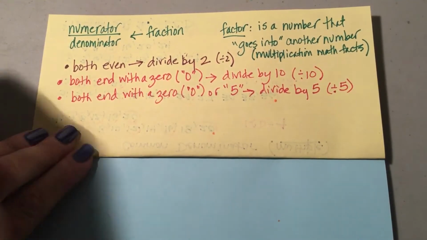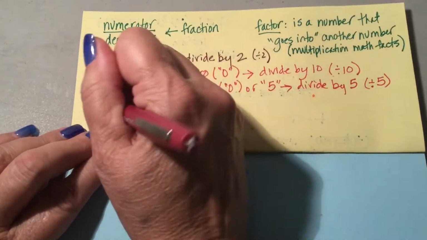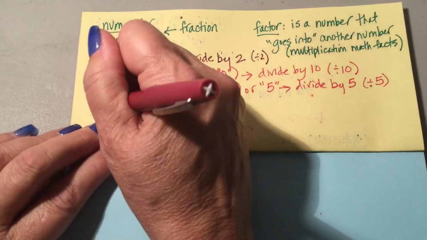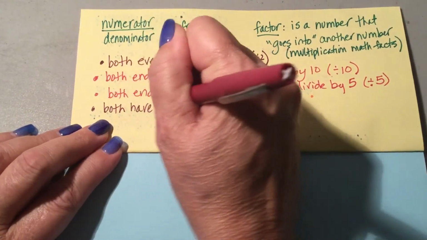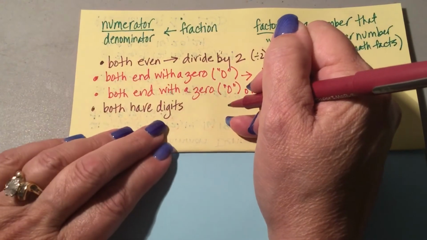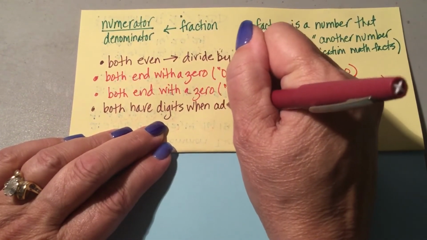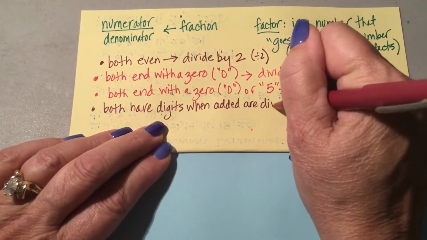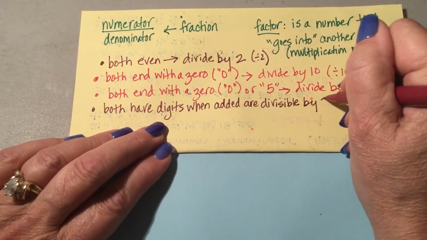Okay, now here comes a fun one that I like. Okay, you ready? This is the 3 rule. So we talked about the 2 rule, the 5 and the 0 rule. Now this is the 3 rule. Okay, both have digits, and you guys know what a digit is, right? That's a number. When added, are divisible by 3.